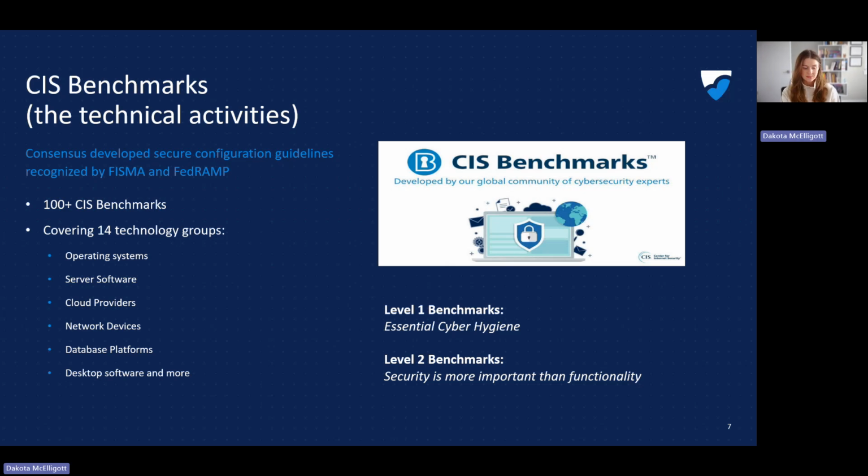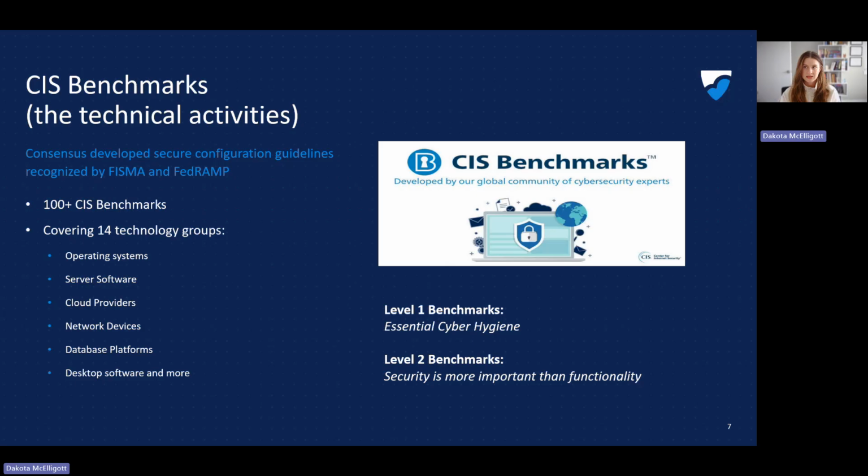They are recognized by programs like FedRAMP, FISMA, because they represent what the global security community agrees is a safe baseline for specific technology. So there are over 100 CIS benchmarks today, and they cover 14 major technology groups, everything from operating systems to server software, cloud providers, and of course, as we're talking about today, Microsoft 365.